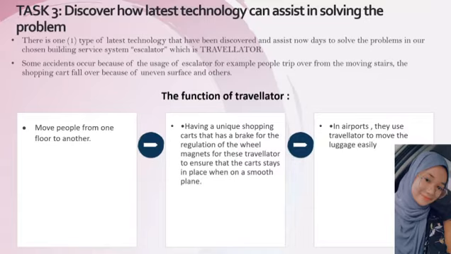The second one is having a unique shopping cart that has a brake for the regulation of the wheel, with a magnet for this travelator to ensure that the cart stays in place on a smooth plane, so that the shopping cart won't fall over because of an uneven surface anymore. And the last one is in airports, they use the travelator to move luggage easily, as it can be moved through the long distance between the terminal, transport and parking setting and the concourse.